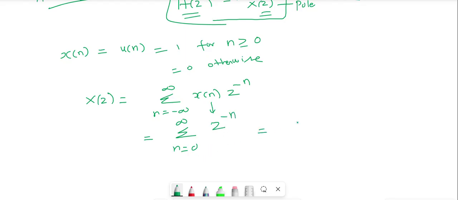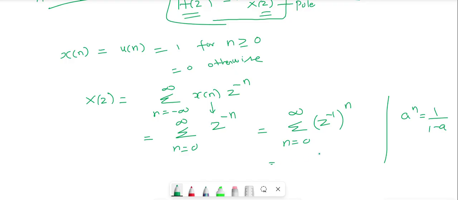This can be written as the summation from n equal to 0 to infinity of z inverse to the power n. We know that the summation of a power n is 1 by 1 minus a. So now 1 by 1 minus z inverse, which you can write as z by z minus 1.